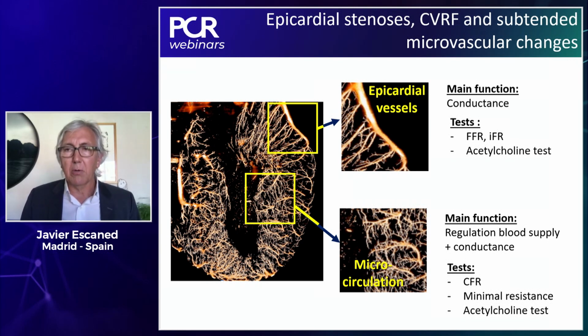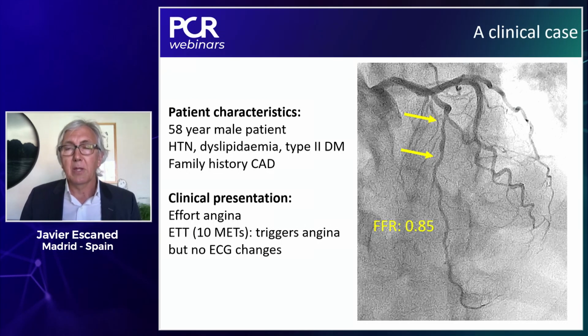And when you move to the microcirculation, because the main role is matching blood supply to myocardial oxygen demands, this dynamic function of the microcirculation is explored with coronary flow reserve, and you have resistance, which looks at the changes in conductance caused by the structural changes that we saw before. On top of that, you may also have vasomotor disorders like arteriolar or microvascular spasm causing ischemia, which have to be explored with acetylcholine testing.